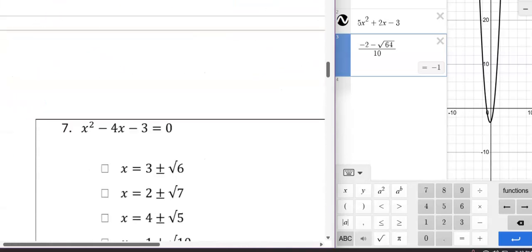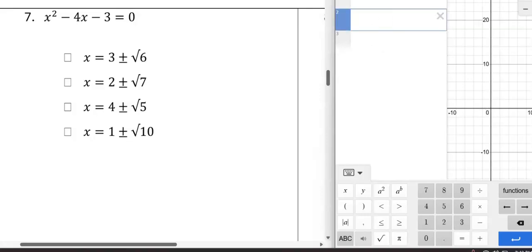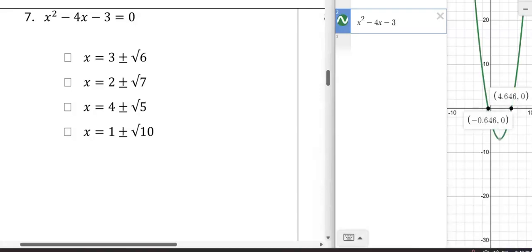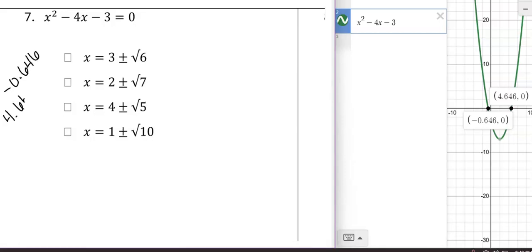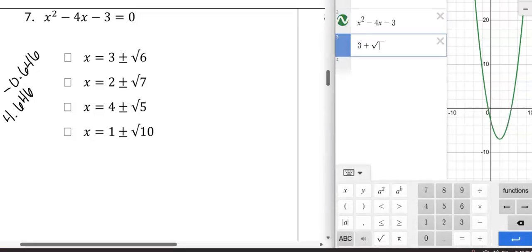Now, if we go to the back, we just follow the same procedure. x squared minus 4x minus 3. Our x-intercepts are negative 0.646 and 4.646. Now we have to type in our answer choices until we get one of these.